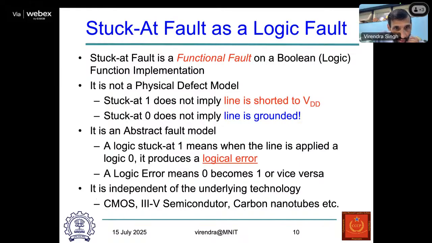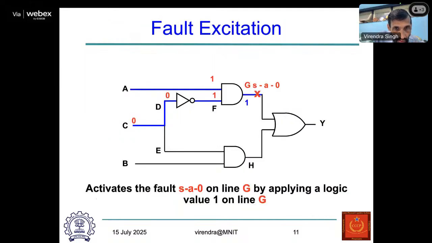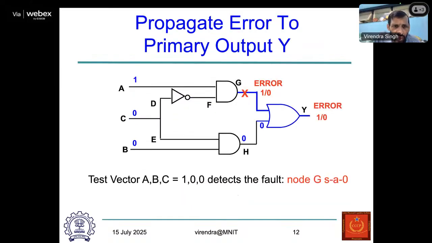Like here, yesterday we already discussed that if there is a stuck-at fault at net z, I can get a test vector that is 1 0 0. In that case, if it is a fault free circuit, the output would be 1.